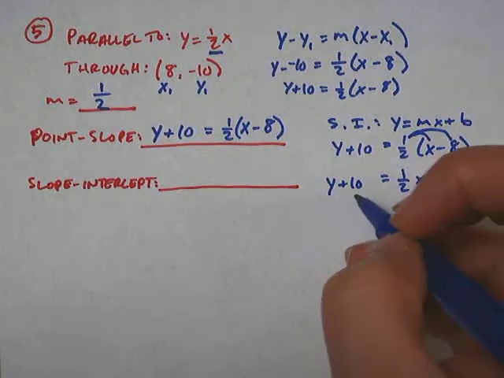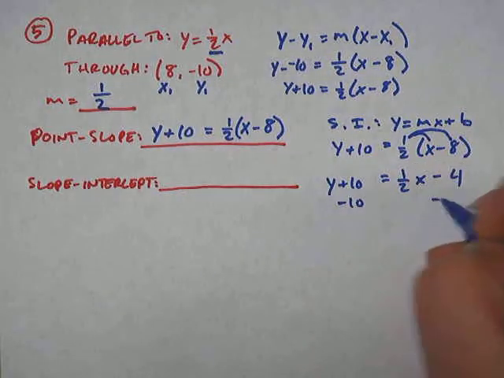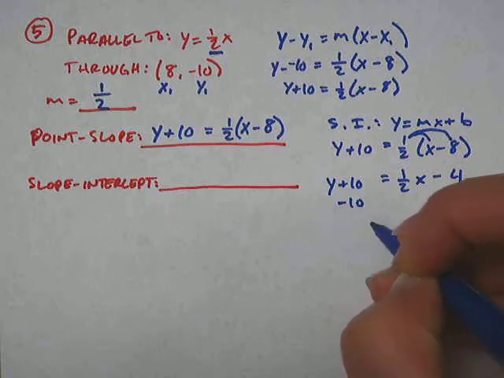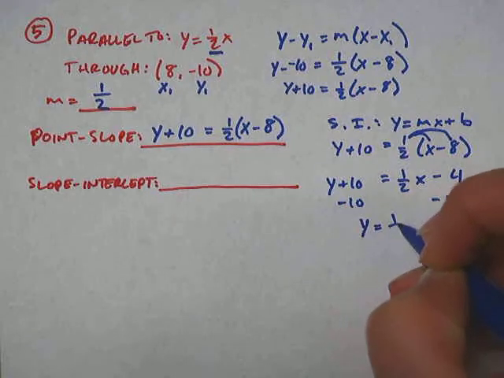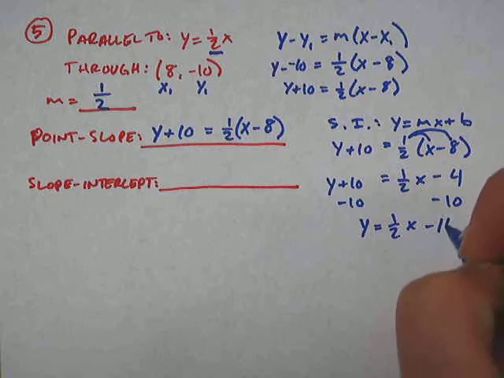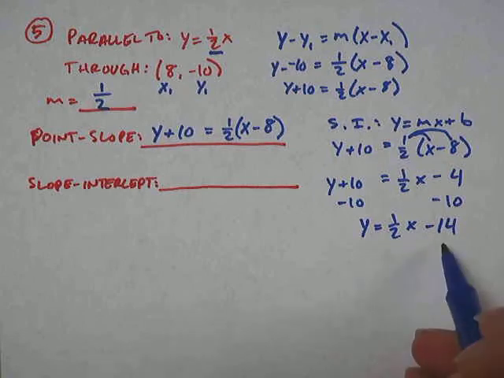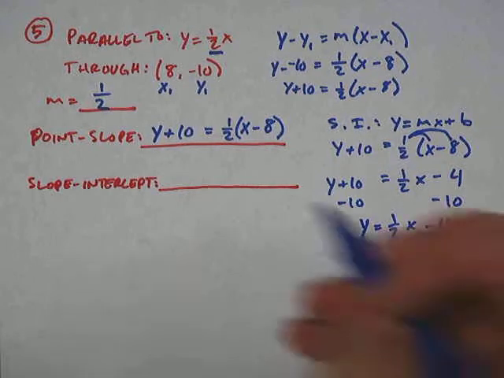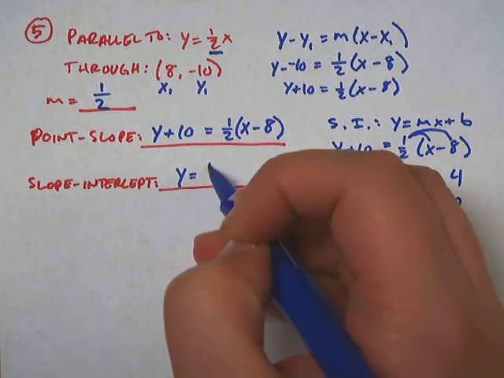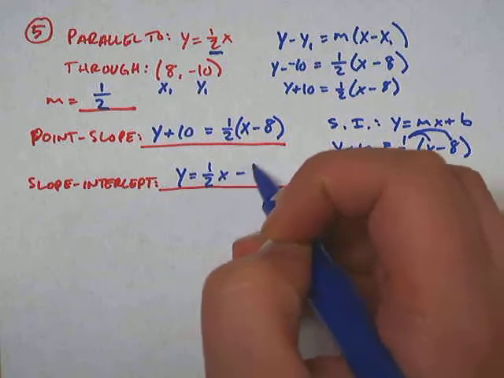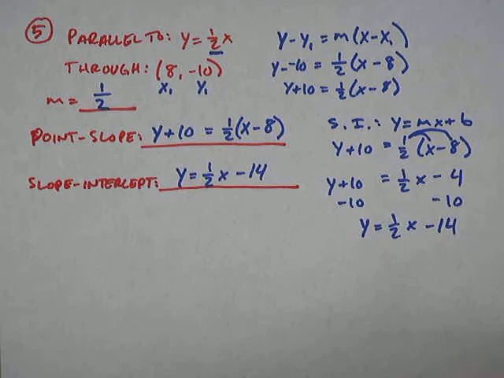Then to continue solving for y, we're going to subtract 10 from both sides. So we're left with y equals 1/2 x minus 14. And now we have it in slope-intercept form. So our slope is 1/2 and our intercept is -14. So y equals 1/2 x minus 14. And we're all done. We have both of our forms.